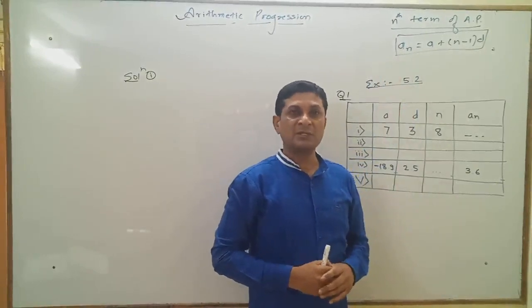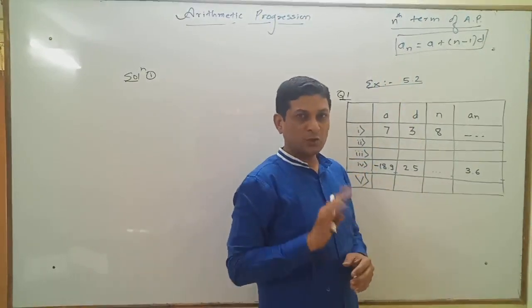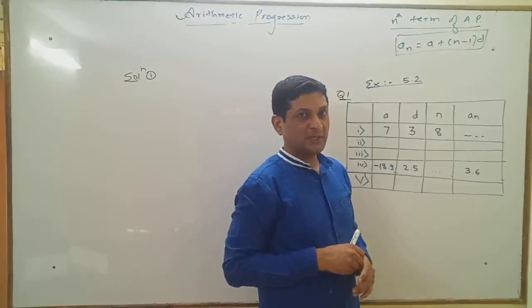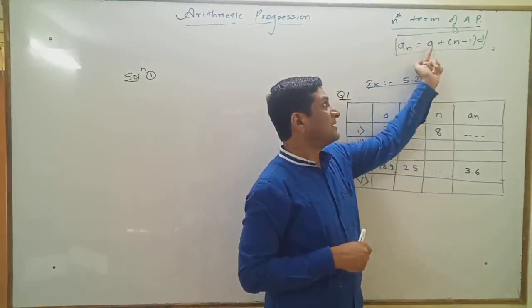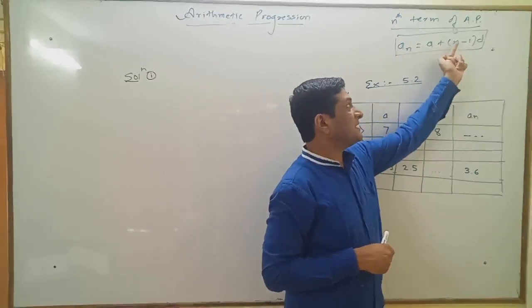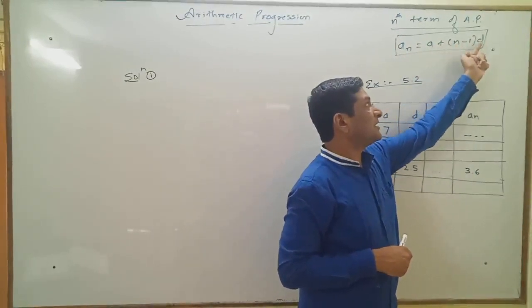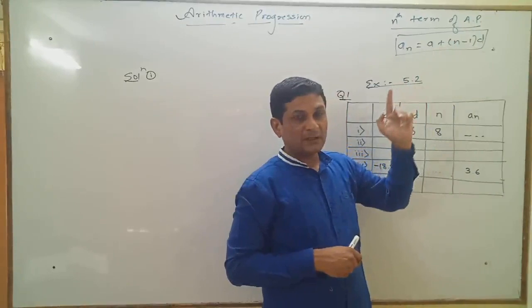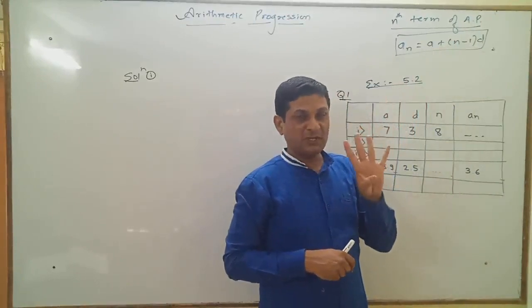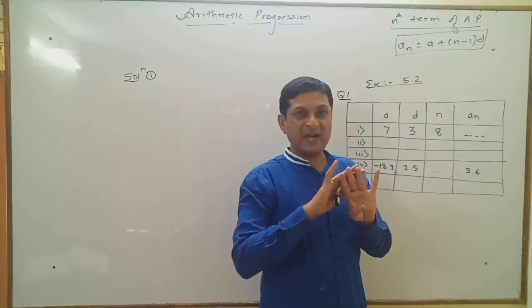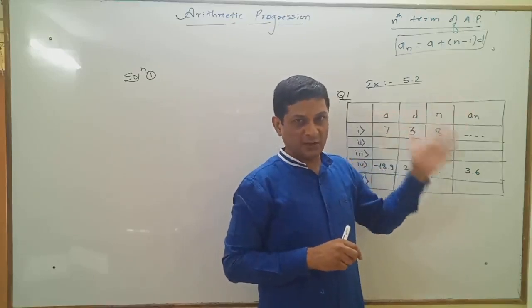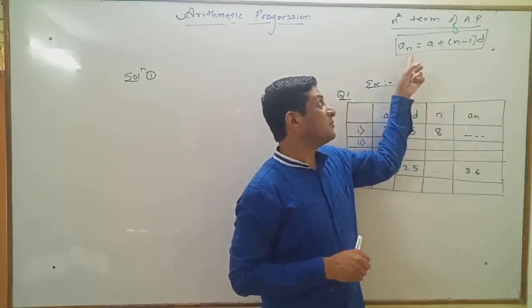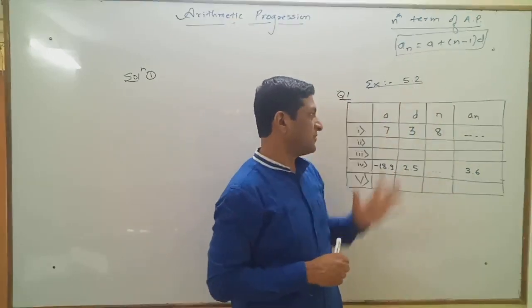If you observe this formula very carefully, a total of 4 terms appear in this formula: one is an, another is a, third is n, and fourth is d. Means from these 4 terms, if any 3 values are given to us, we are able to find the 4th value using transformation.